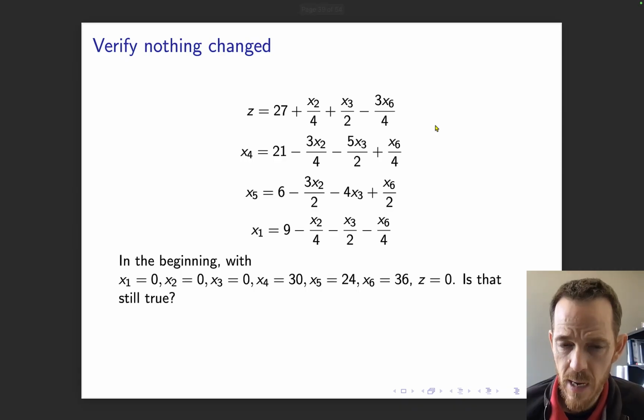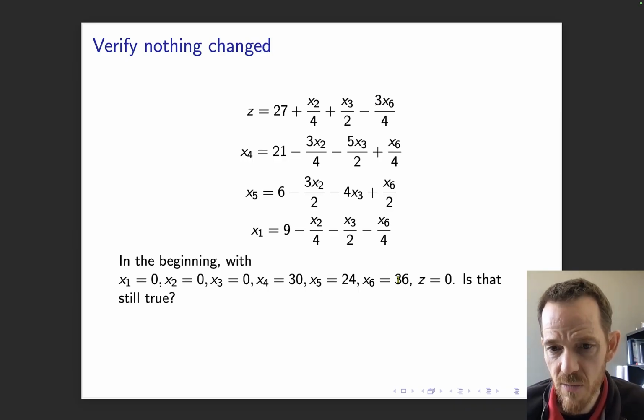So now let's take a moment to pause and verify that if x sub 1, x sub 2, x sub 3 were all set to 0, then we should have x sub 4 equals 30, x sub 5 equals 24, and x sub 6 equals 36, and the objective function equals 0. Well, let's see here. The objective function goes pretty quick because we have 0 plus 0 minus 3 times 36 divided by 4.